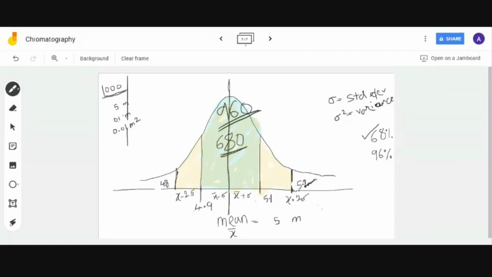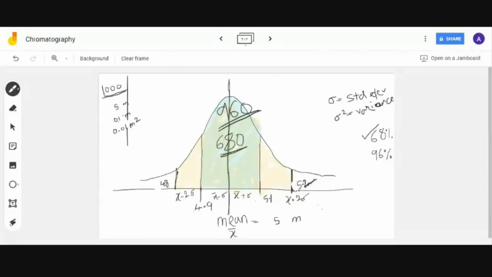Meaning, out of 1000 microgram, 680 microgram of the drug will be eluted between 4.9 minutes and 5.1 minutes, and 960 microgram of the drug will be eluted between 4.8 minutes and 5.2 minutes.